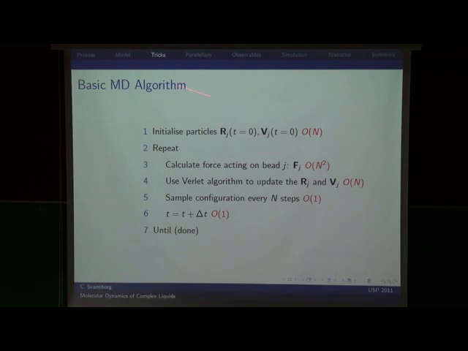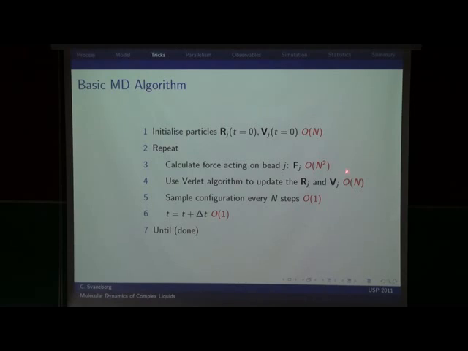So, just to return to the basic molecular dynamics routine. We initialize the particle positions and velocities. This takes an amount of time which scales linearly with the number of particles. Then we repeat this loop, where we calculate the force, and in the worst case, the force scales as N squared, because the force comes from particle pair interactions.